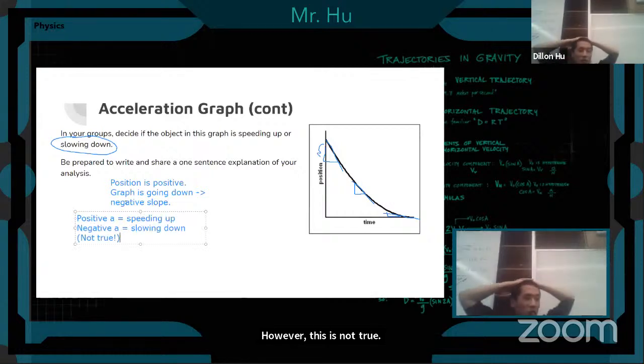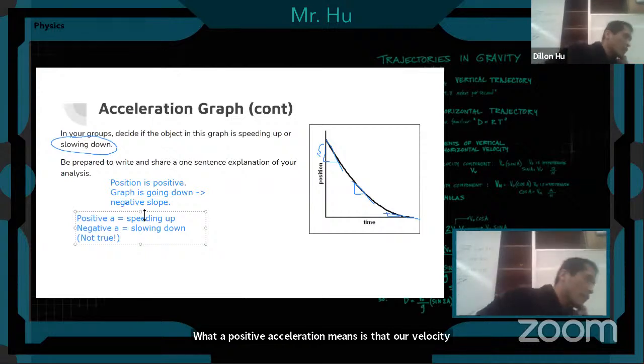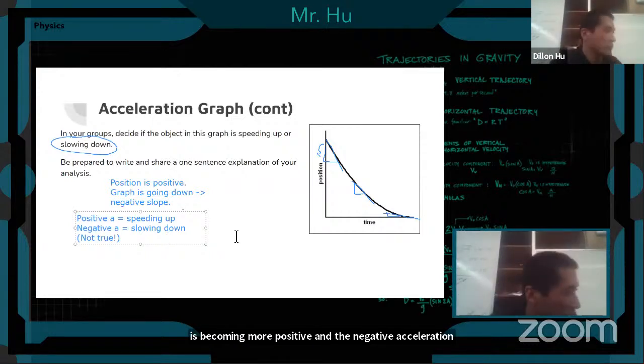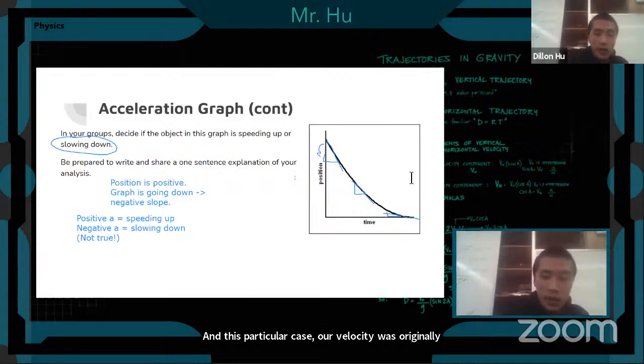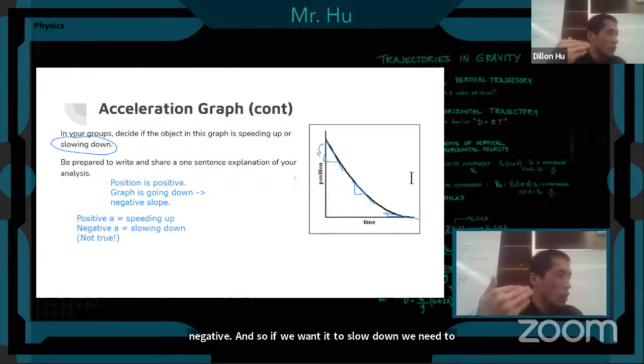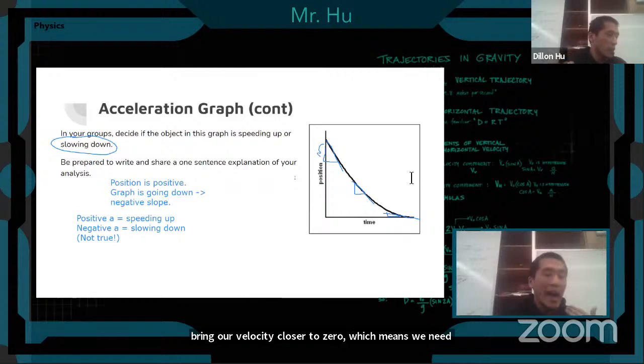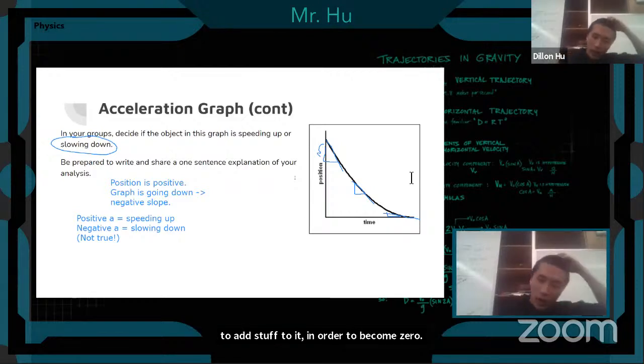What a positive acceleration means is that our velocity is becoming more positive, and a negative acceleration means our velocity is becoming more negative. In this particular case, our velocity was originally negative. And so if we wanted to slow down, we need to bring our velocity closer to 0, which means we need to add stuff to it in order to become 0.